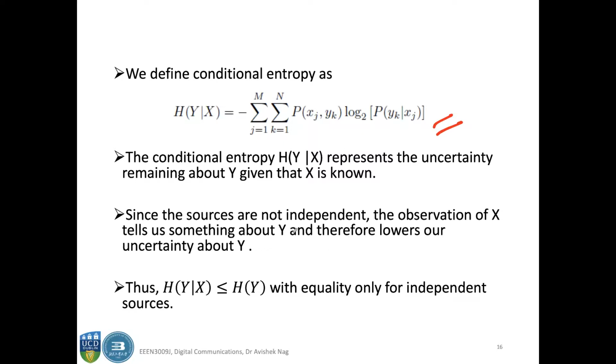Since the sources are not independent, the observation of X tells us something about Y, and therefore lowers our uncertainty about Y. Thus your conditional entropy H(Y given X) is always less than or equal to H(Y), with equality only for independent sources. So if X and Y are independent, then the equality holds.